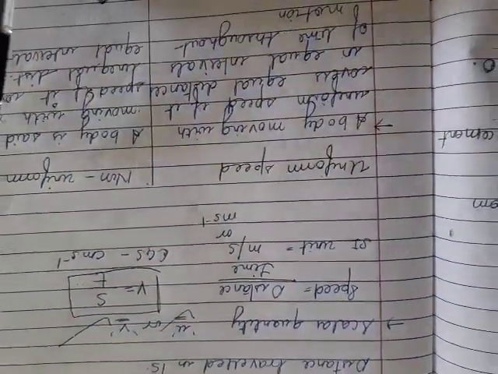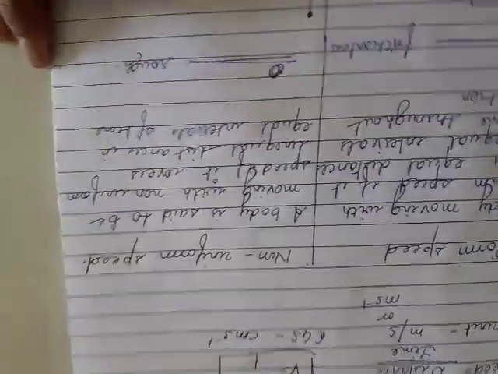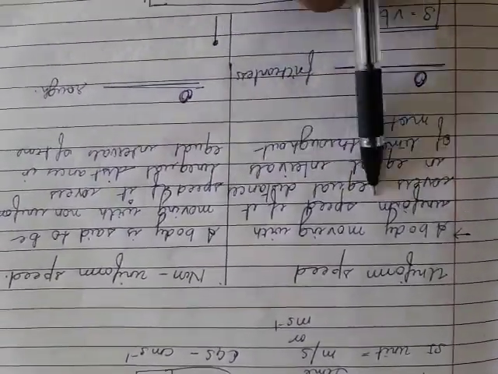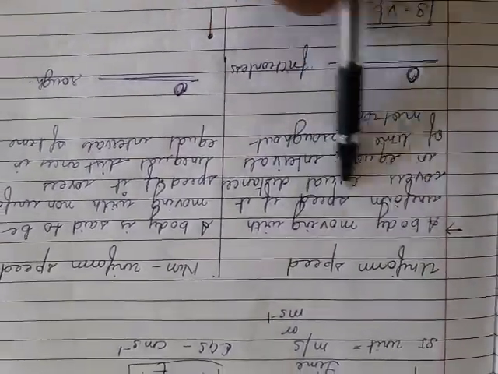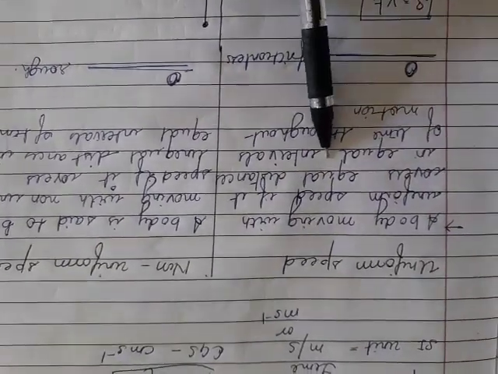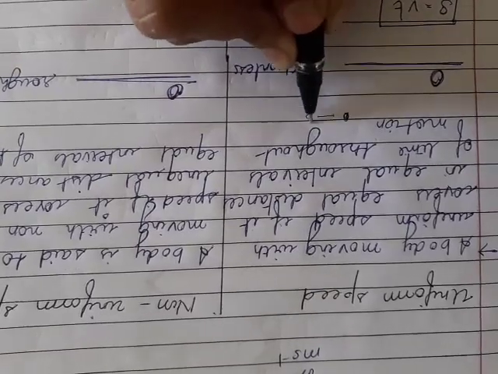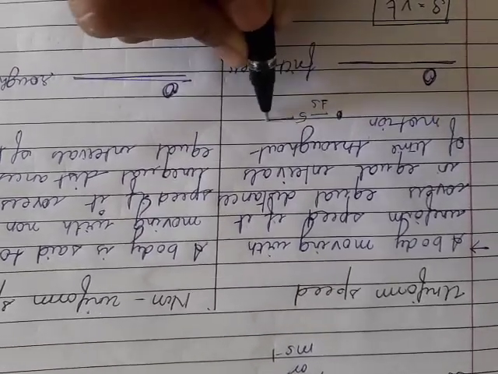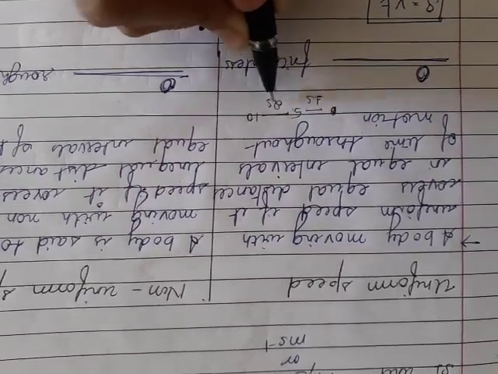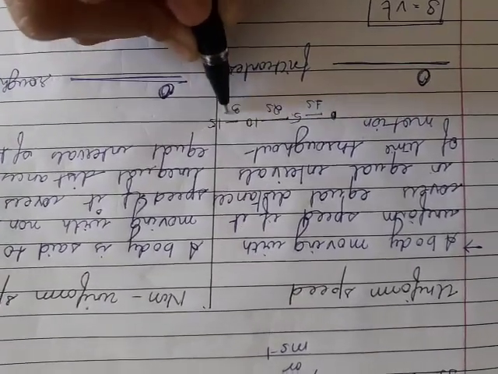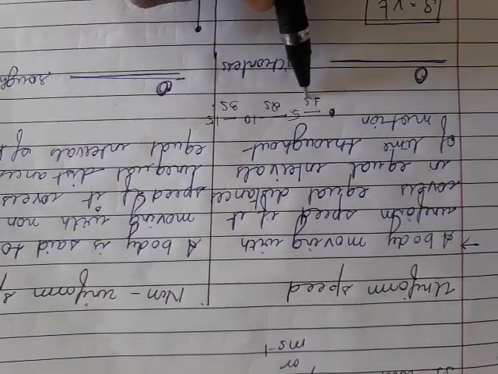Then what is uniform speed and what is non-uniform speed? A body is said to be moving with uniform speed if it covers equal distances in equal intervals of time. So 0 to 5 in 1 second, 5 to 10 in the next second. If you take out their speed, what is speed?